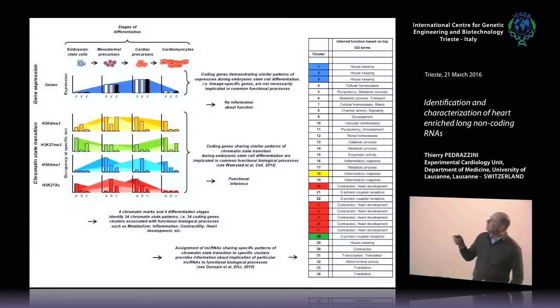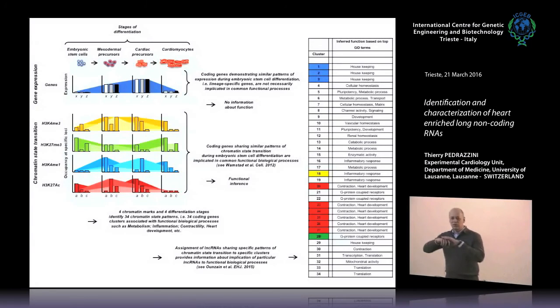It's not too important, but let's just consider these 3, for instance. Clusters 1, 2, 3 are more associated with housekeeping functions. What is very interesting for us is that in clusters 20, 23 to 27, you have all the genes that define contraction and heart development.